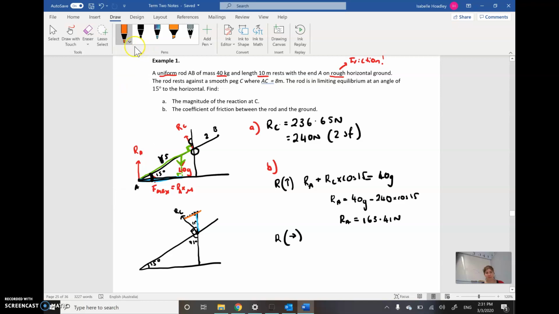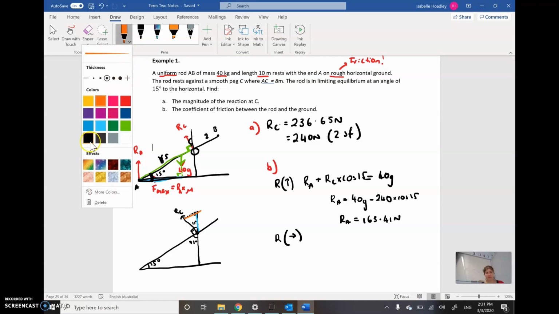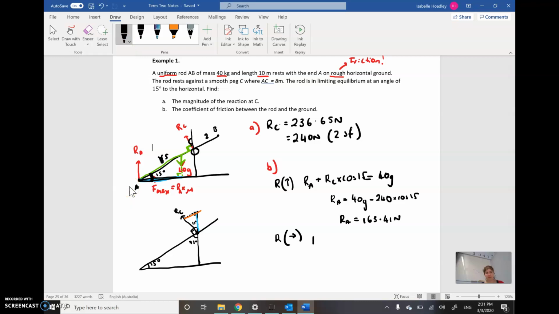So we have RC times sine 15 is equal to, now our only other force acting in the opposite direction is F max, which is RA times our coefficient of friction. We know RC is 240, so we've got 240 times sine 15 equal to RA, which is 163, times our coefficient of friction.